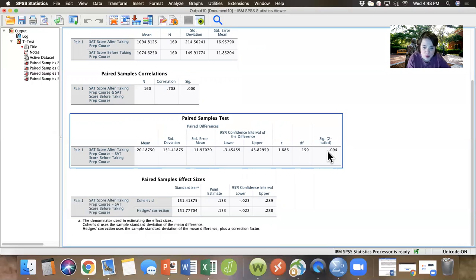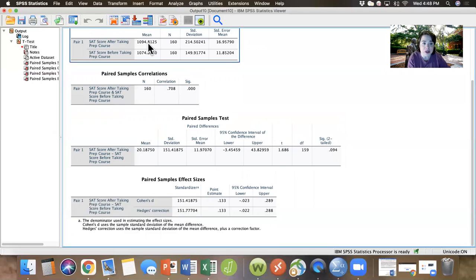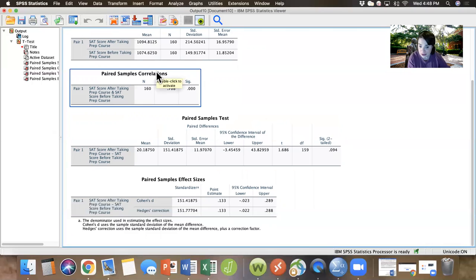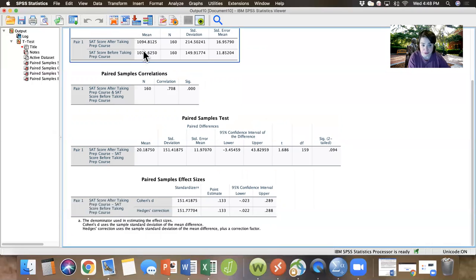What this means in effect is that even though there is a mean difference here, we do not have evidence that there's a significant difference between these two means. Therefore we retain the null hypothesis and conclude that there is not a significant difference between the mean SAT score before the prep course and the mean SAT score after the prep course, right?